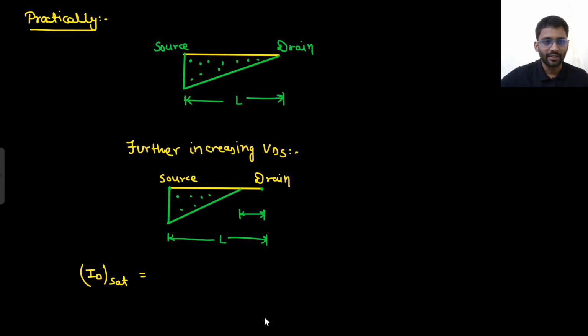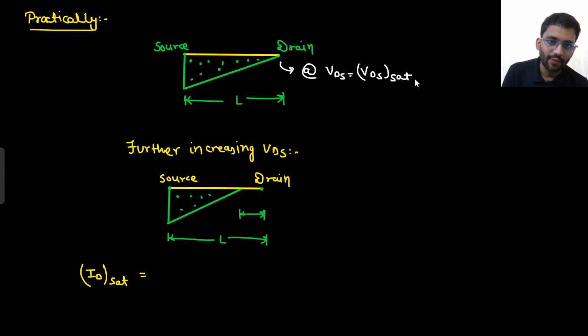So practically, what is happening? This was our source, and then this is our channel. This is happening at VDS equals VDSAT. Now if you further increase VDS, what happens? Your effective channel is getting reduced.